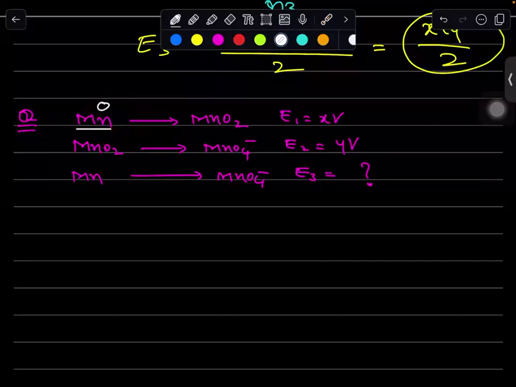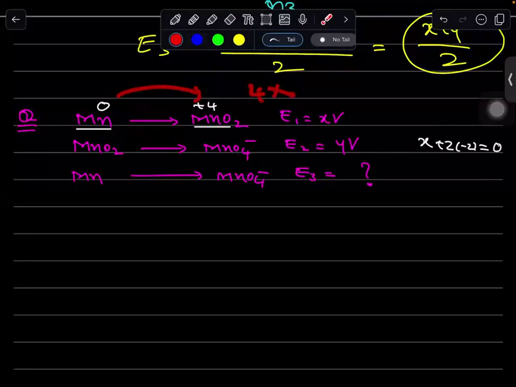Then in MnO2, assume manganese is X. There are 2 oxygens, each oxygen is -2, and the sum equals 0. So here it is +4. Just a simple change in oxidation state from 0 to 4, 4 units changed, times the number of manganese involved. Only one manganese is involved, so 4 electrons are involved in the first case. So the N1 value is 4 electrons.